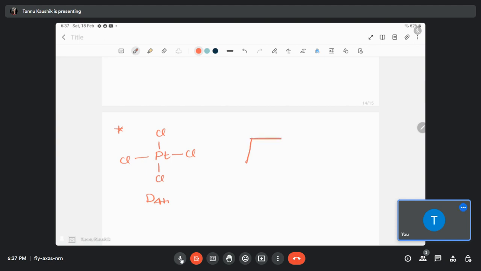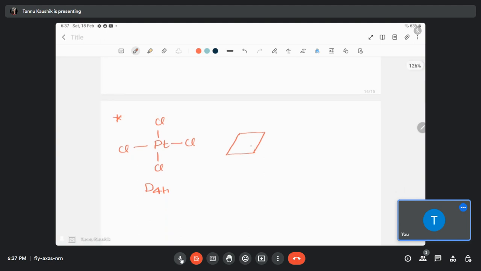And if you take this molecule, these are examples of D4h point group.